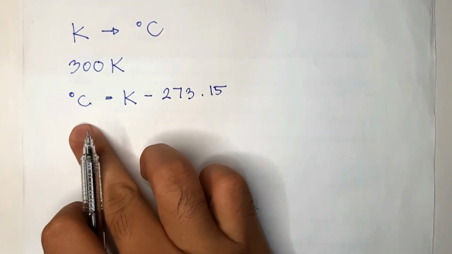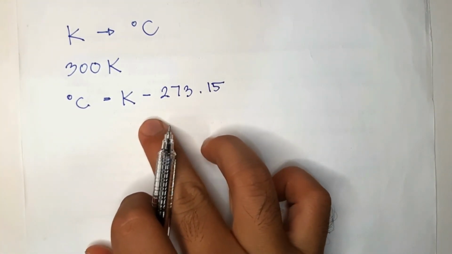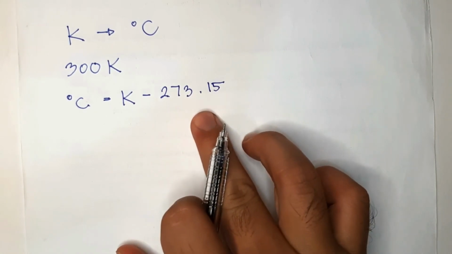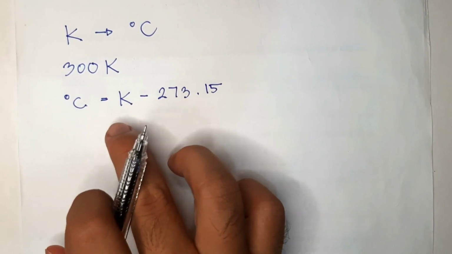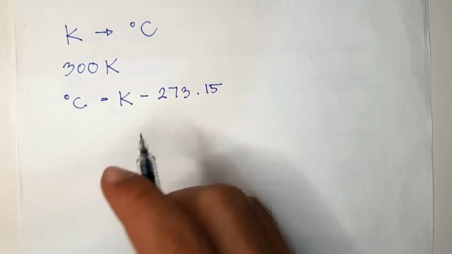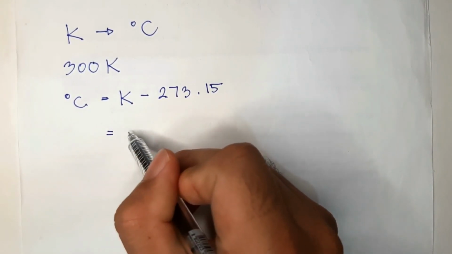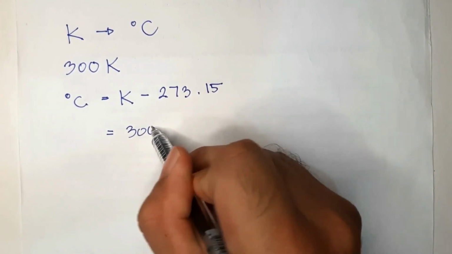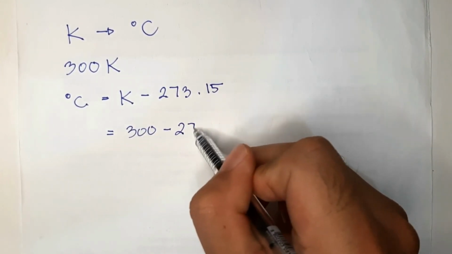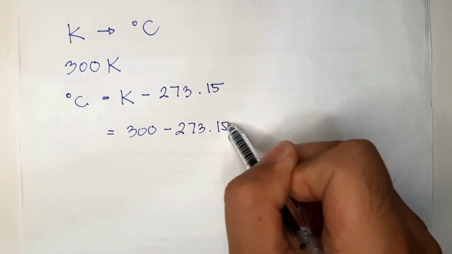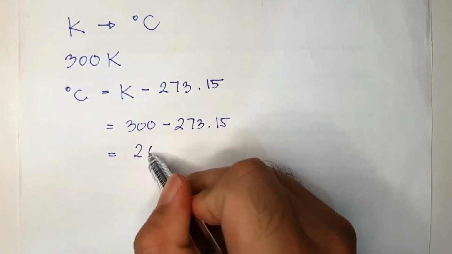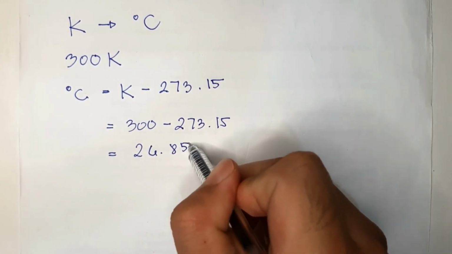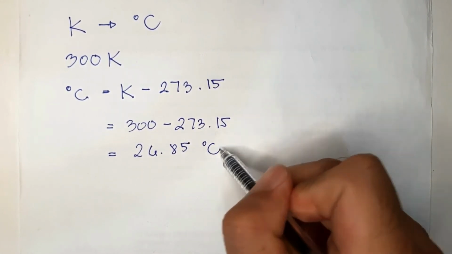So degrees Celsius is equal to Kelvin minus 273.15. We just plug in the value here to the equation. So 300 minus 273.15 is 26.85 degrees Celsius.